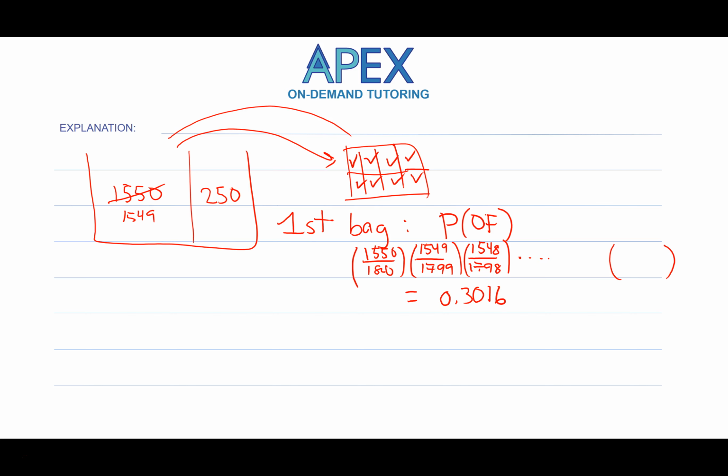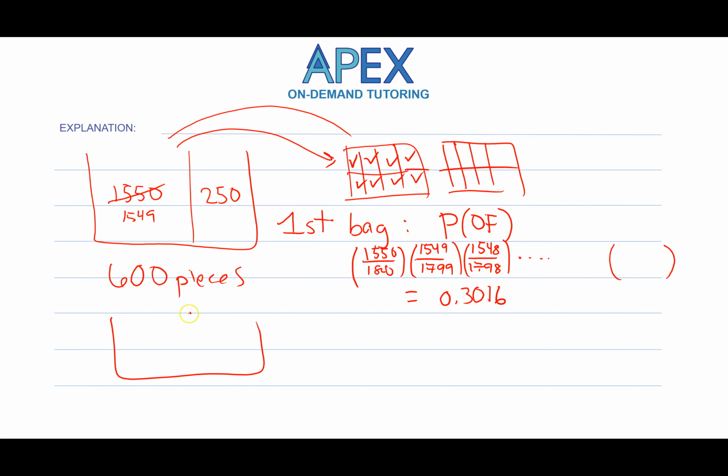Now, what we do is make 600 pieces come out of here, so that equates to 75 bags. By the time 600 pieces come out, there are only 1,200 left in the hopper.